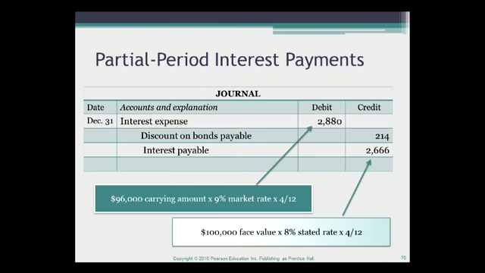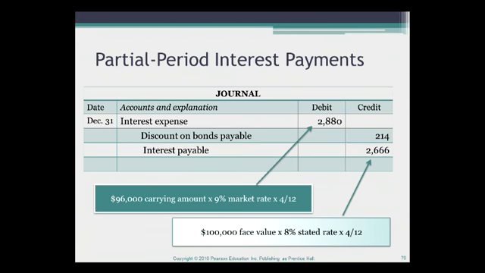But here, if we issue this bond on August 31st and our interest payment isn't until February 28th, then on December 31st we have to accrue the amount of interest that was incurred. So we do the same equations. This problem assumed we're using effective interest, so we calculate interest expense by taking the carrying value times the market rate of interest.